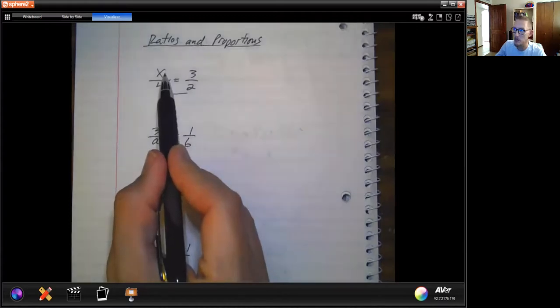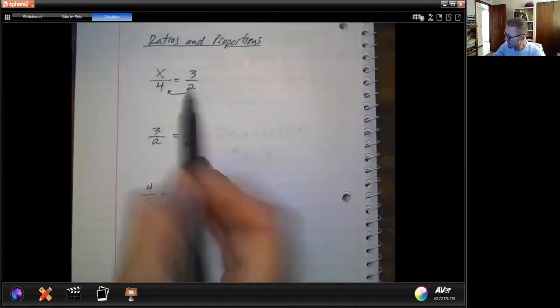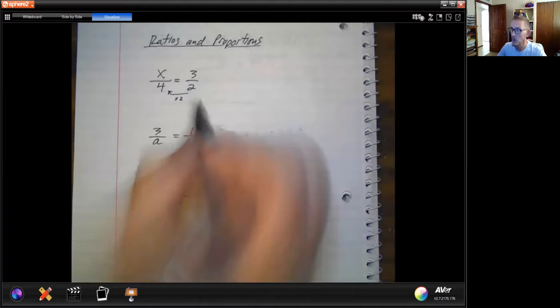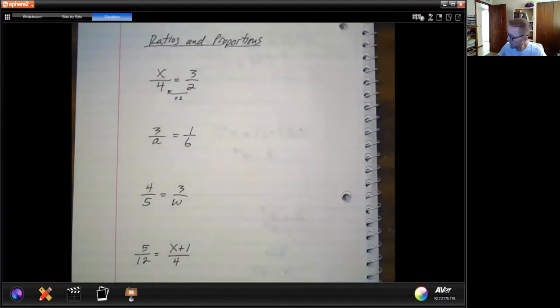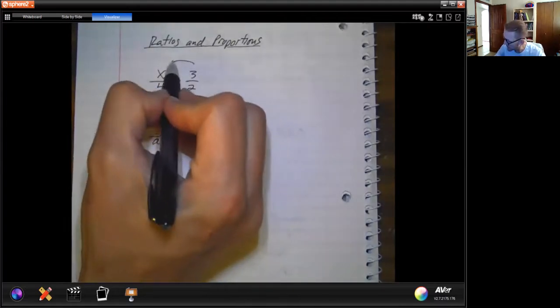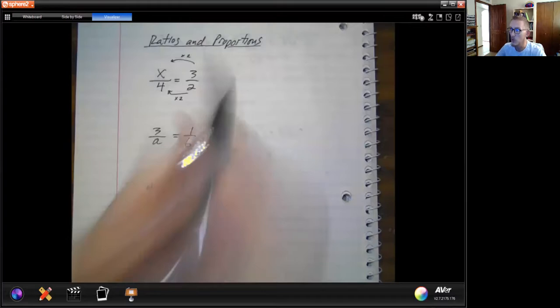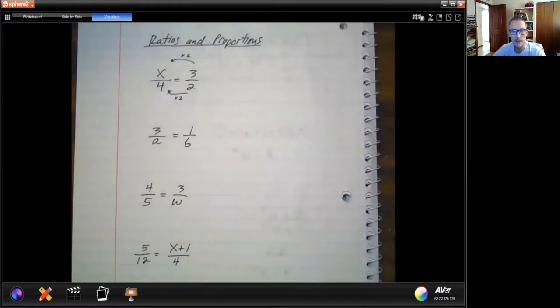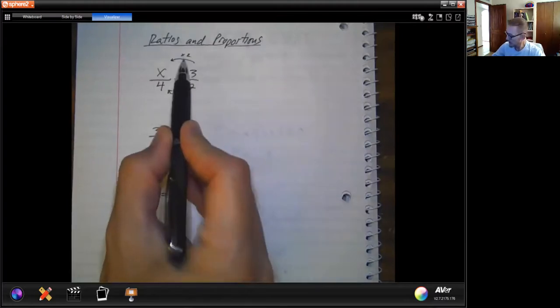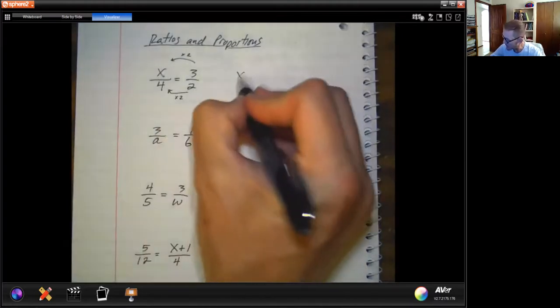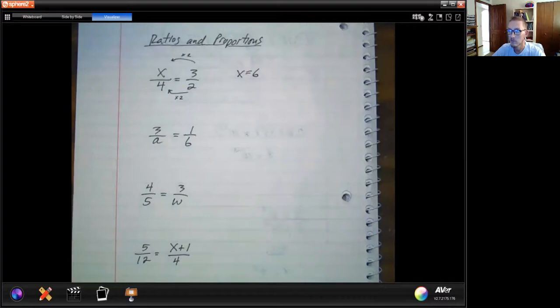So in order to make these fractions match, 2 times 2 gets me to 4. Well, if I do that to the top of this fraction and multiply that by 2 as well, because we need to maintain the top and the bottom as being equivalent, 3 times 2 means that x has to equal 6. And I've now solved for x. I'm done with that problem.